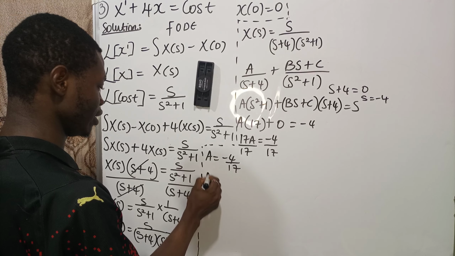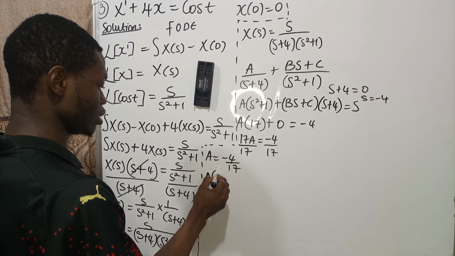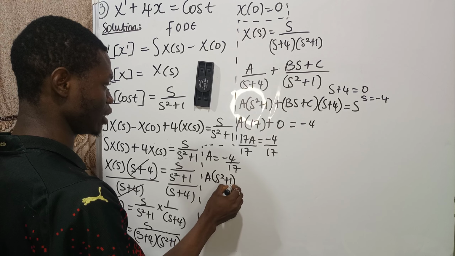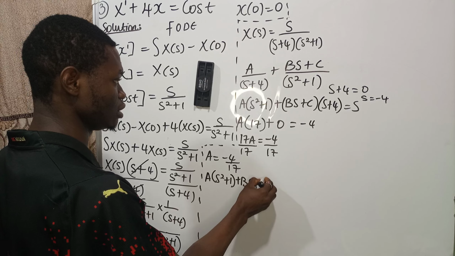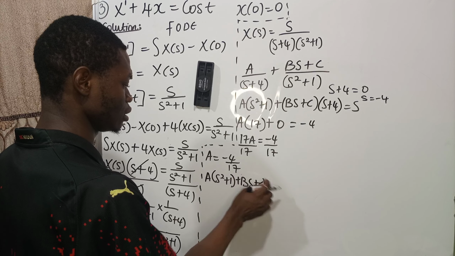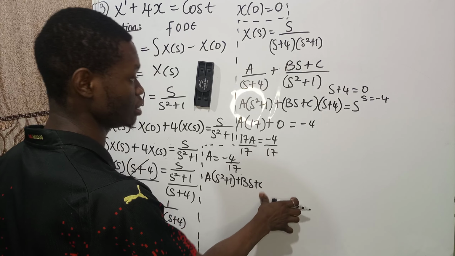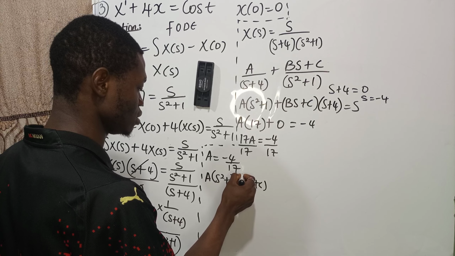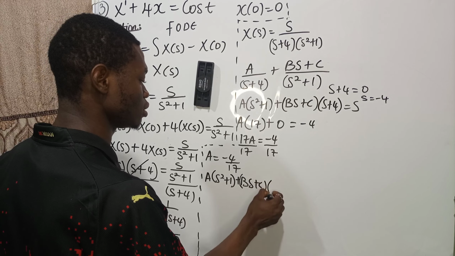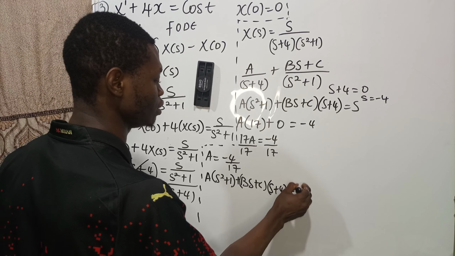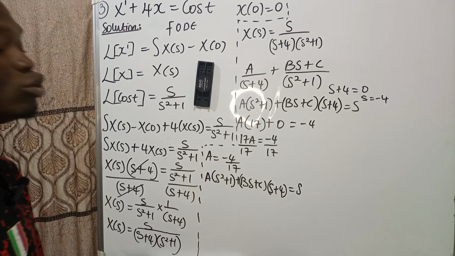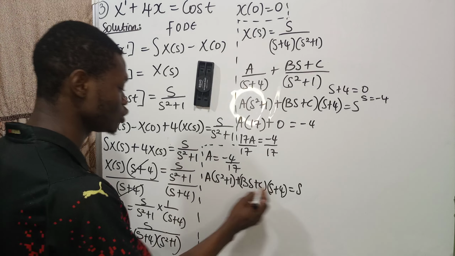So we have A(s squared plus 1) plus (Bs plus C) times (s plus 4) is equal to s. In this one, we are going to do comparison. So let's open the parentheses.